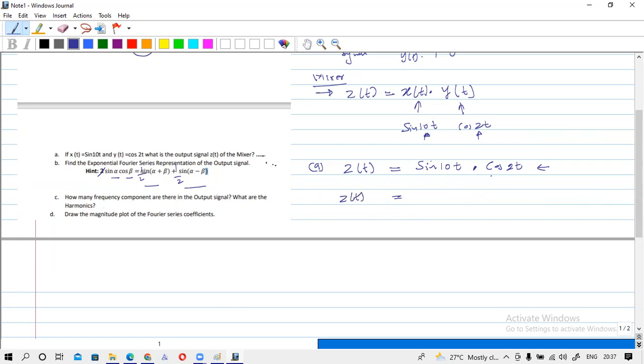So Z is equal to sine alpha cos beta. Here the 10t will be alpha and the 2t will be beta.